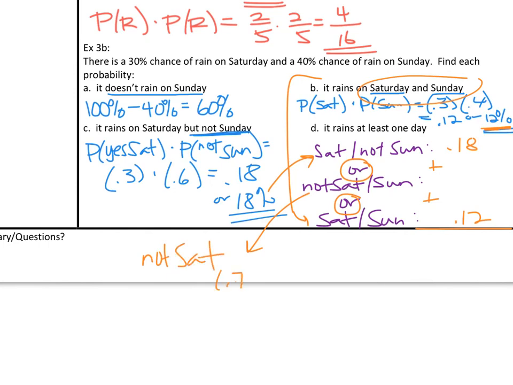Yay, that's more fun. But then if it does rain on Sunday, that's our 40% chance. That means there's a 0.28 or 28% chance for that middle scenario happening. Now, if we add all of these together, that's the probability it will rain at least one day. And that would be 0.58, or there's a 58% chance there's going to be rain one of those 2 days.